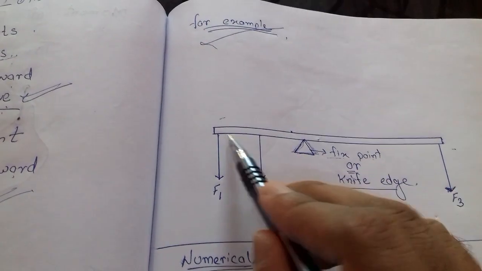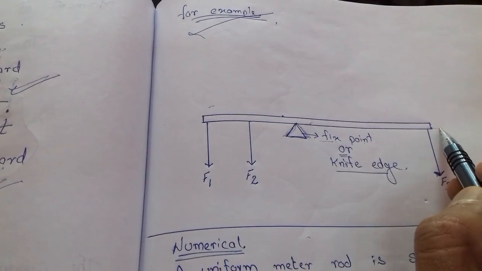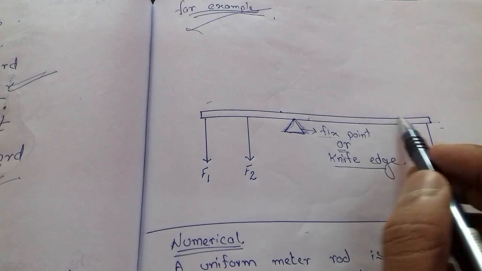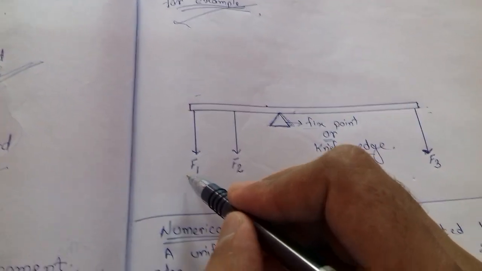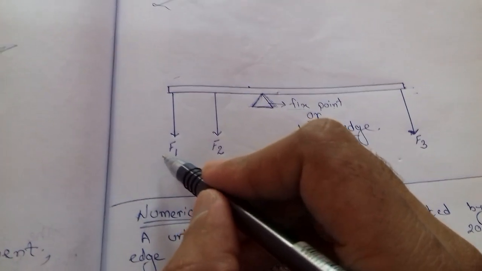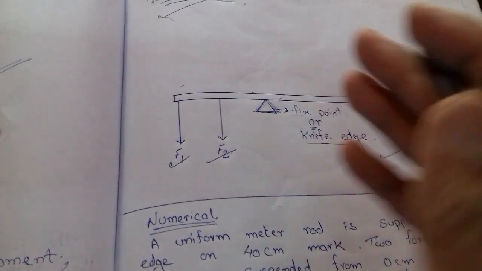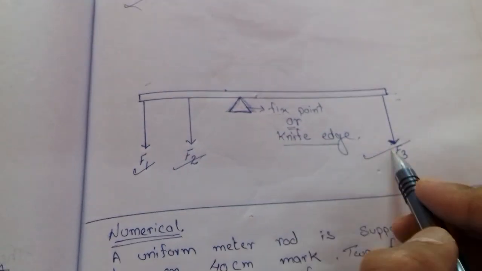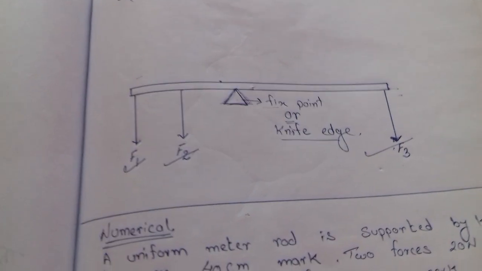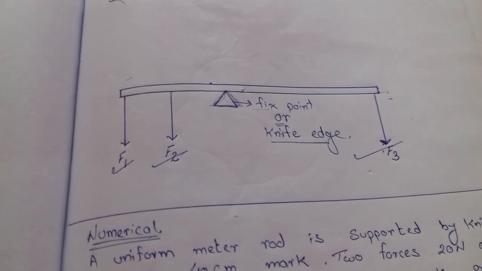On this knife edge, this complete rod is supported, and on this rod three forces are working, F1, F2 and F3. F1 and F2 are working on the left hand side of the pivot point and F3 is working on the right side of the pivot point.